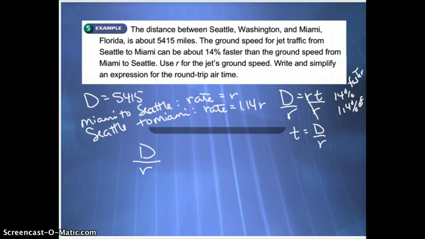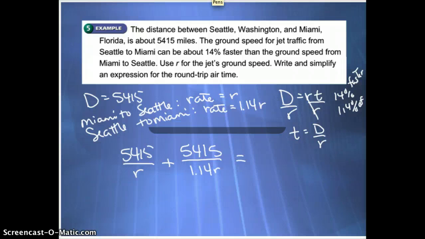And I know my distance, so let me plug that in. So distance is going to be 5,415 divided by R, plus my rate from Seattle to Miami was 1.14 R. My distance is still the same, so 5,415 divided by 1.14 R equals whatever I'm trying to find out, my expression for my total round trip air time.